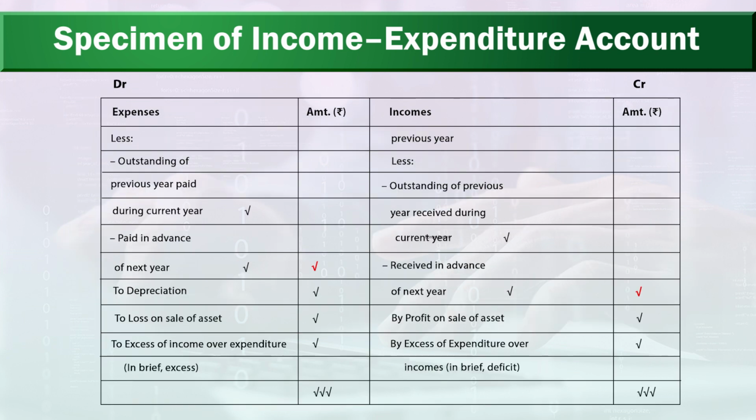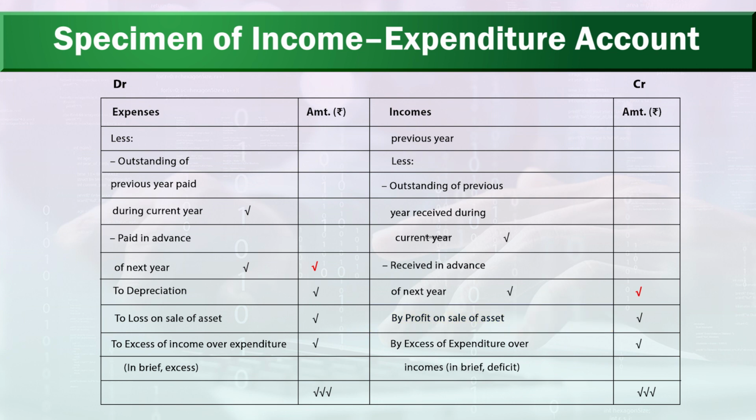From this, we deduct outstanding revenue income of the previous year which was received during the current year and the income received in advance for the next year. The total revenue income of the current year is written in the amount column where the red tick mark is shown on the credit side. Then the next item to be included is the profit on sale of assets.